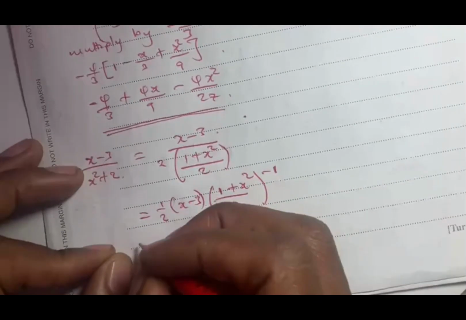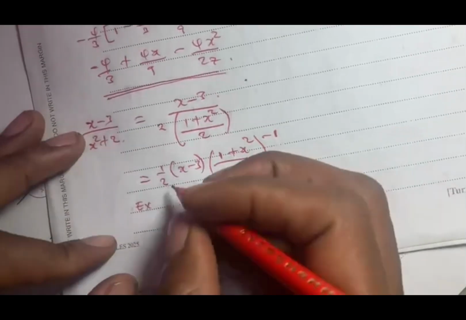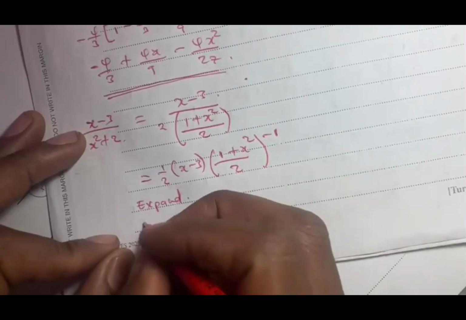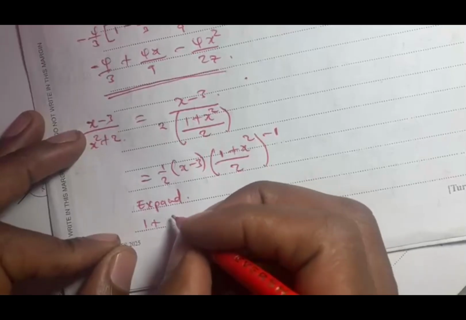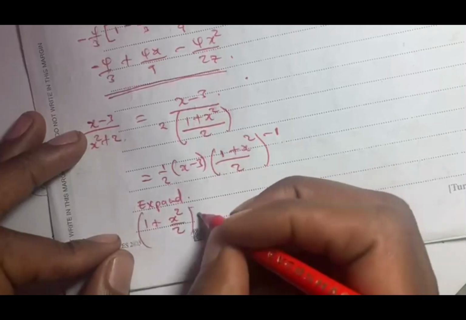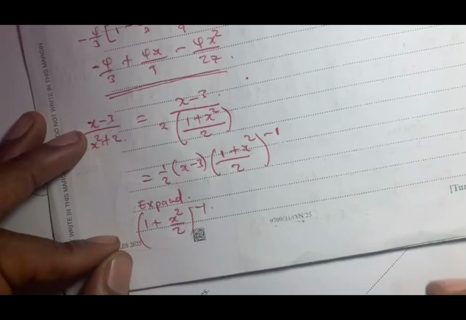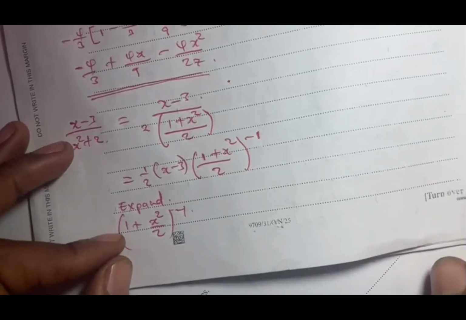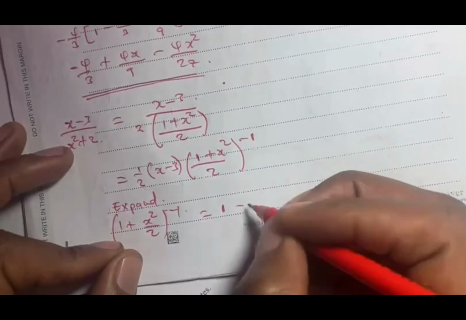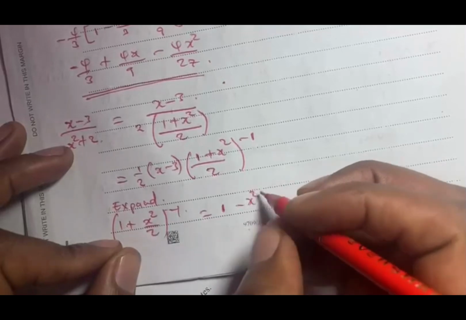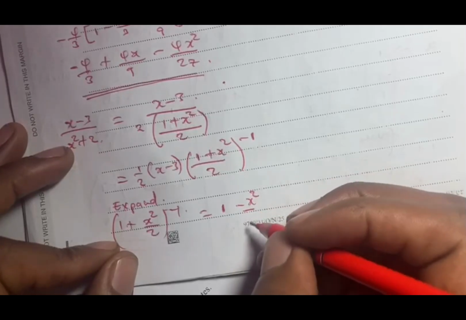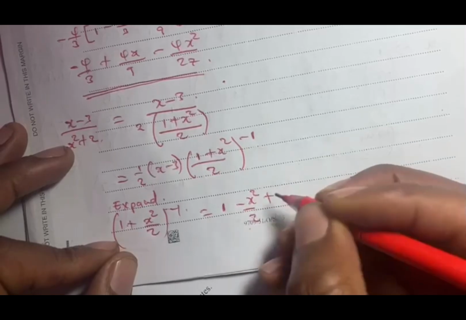So the expansion of 1 plus x squared over 2 to the power of minus 1 will expand according to binomial expansion: 1 minus x squared over 2 plus further terms.